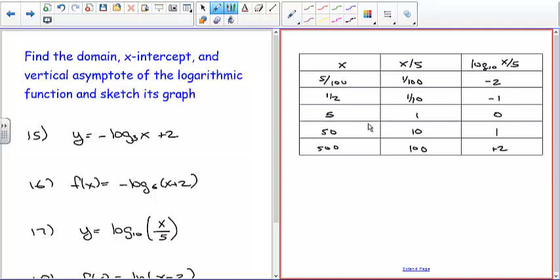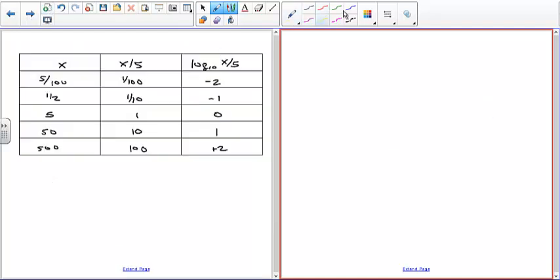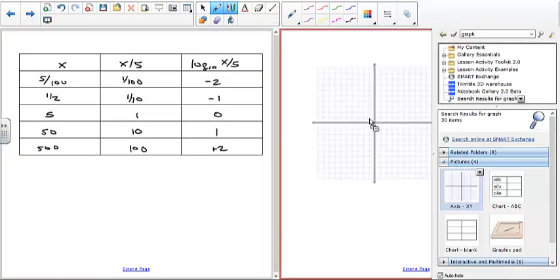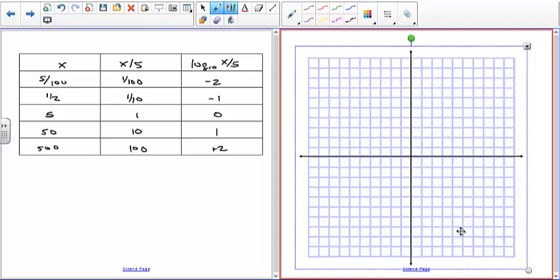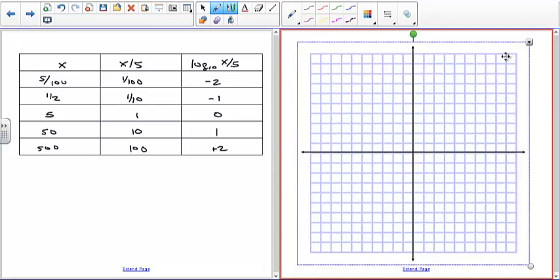So now if I wanted to plot this, I probably would want to change the scale because I'd run out of room pretty quickly. From the x value perspective, I could leave it the way it was, -10 to +10.